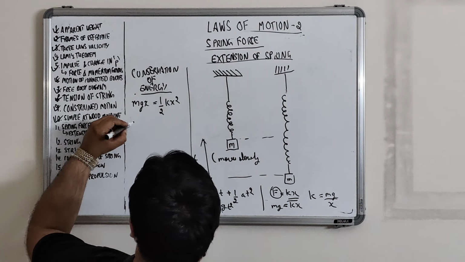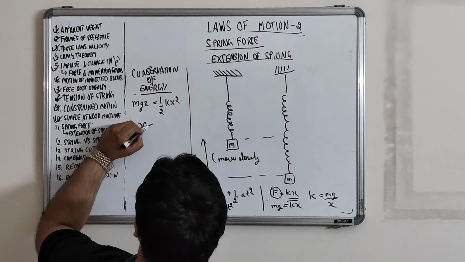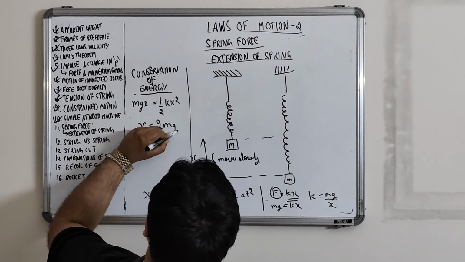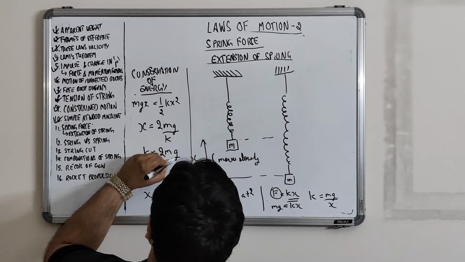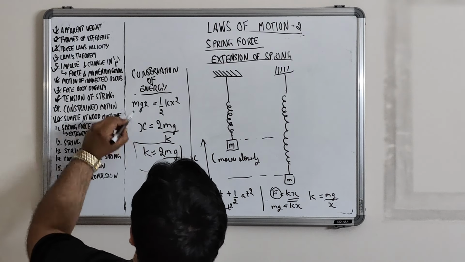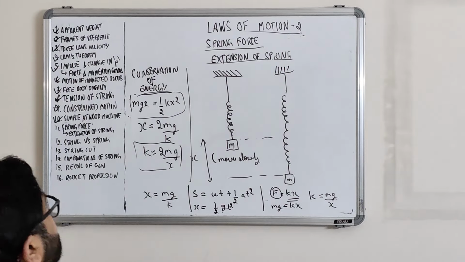So x becomes 2mg by k, or k becomes 2mg by x. Very simple.